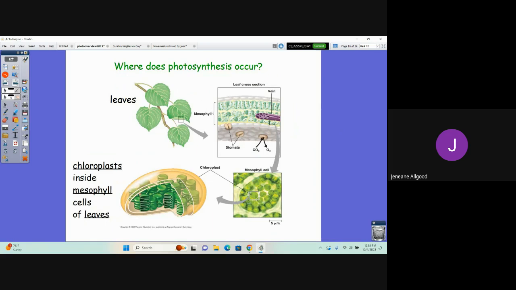Next, I know I need to write this one word bigger. This word that's really teeny tiny is mesophyll.